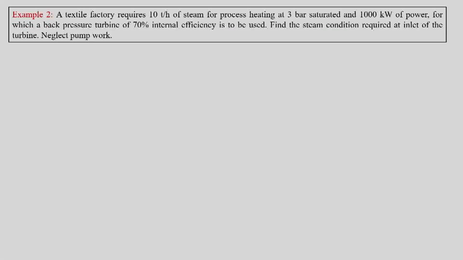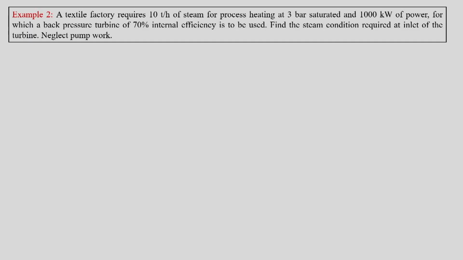Now, let us go to the next example. The next example says that there is a textile factory which requires 10 ton of steam per hour for process heating. So, it is process heating, where an industrial heater is used to heat some object or matter, where 10 ton of steam per hour is considered as the heat source, and that heating is taking place at 3 bar saturated condition.